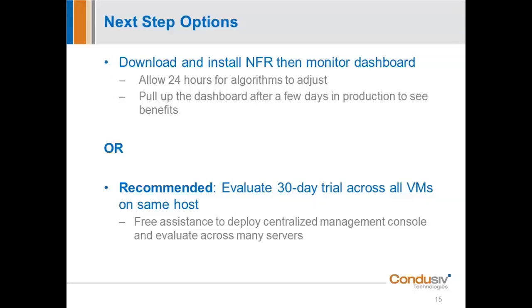Extremely little, Farouk. Sales wants me to say zero, but honestly, there is a little bit of overhead. But we tend to do everything in the background. When we determine what to put in cache and keep in cache, that's all done as a background task. We also run at lowest thread priority.